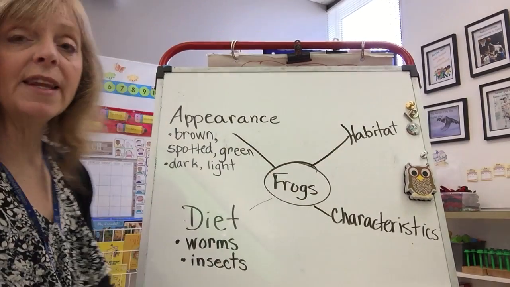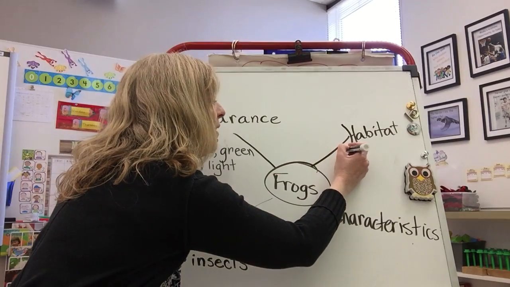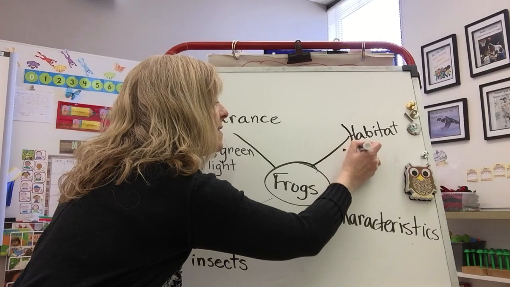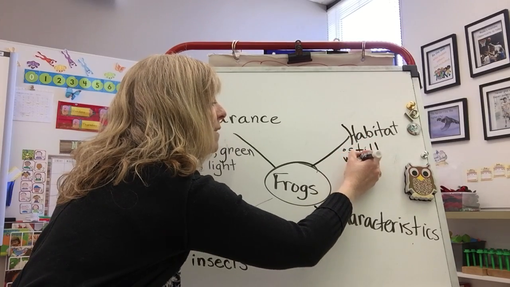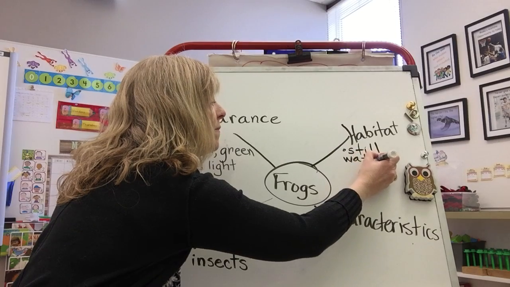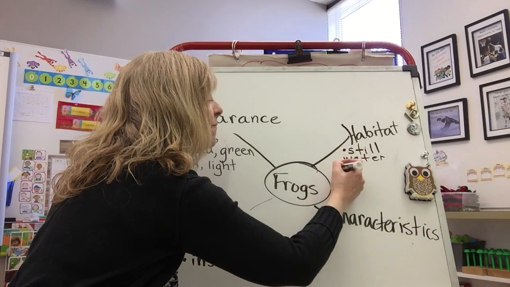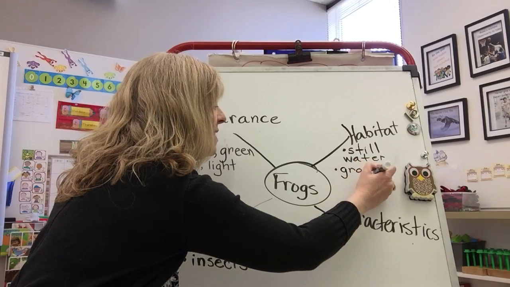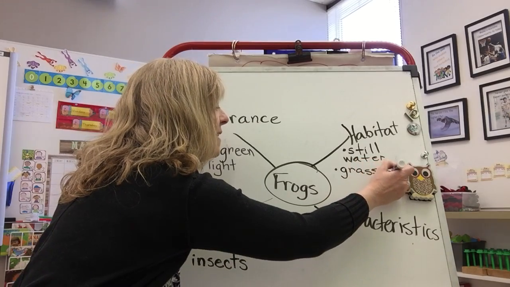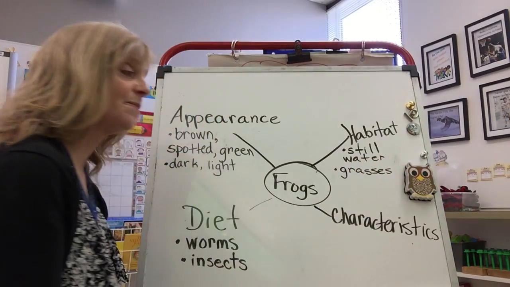Habitat is where they live. Well, they live around a place where there is still water. And by that I mean no waves. Still water, and grasses, which attract insects and also give them a place to get out of the water.